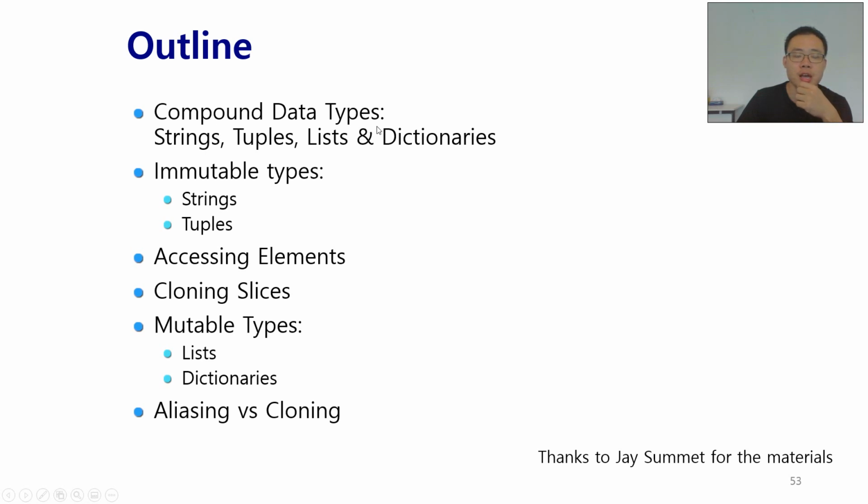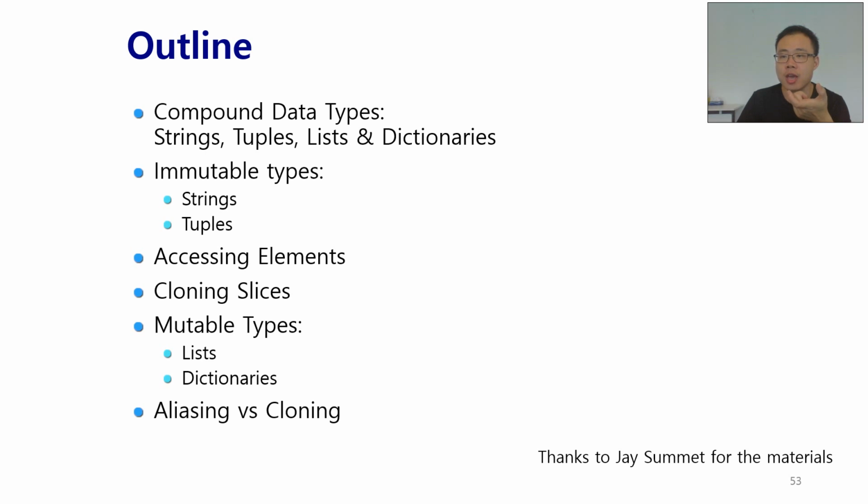So, compound data types. Compound means that these types of data are objects, they are variables, but these variables store the data. They have elements. They're not just one data point. For example, if you have 1, this is a numerical value, 1, or 2, or Frankie. Okay, Frankie is a word, but this word is a string.